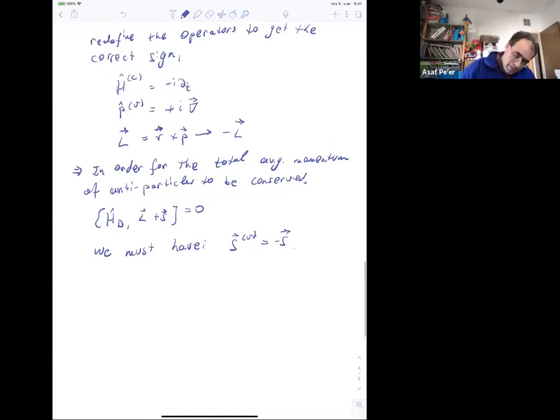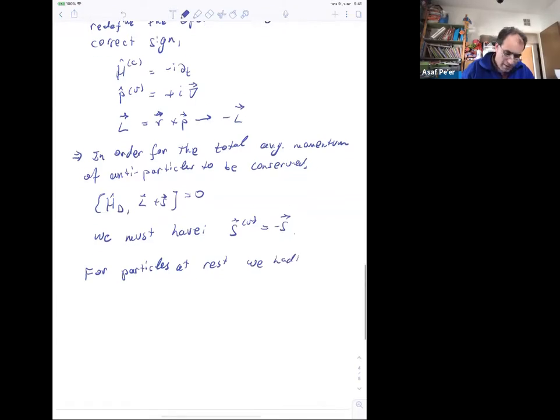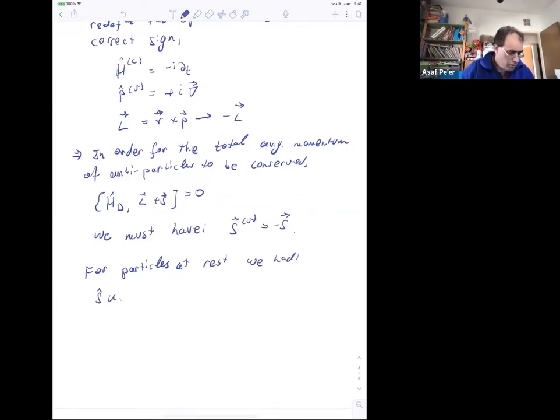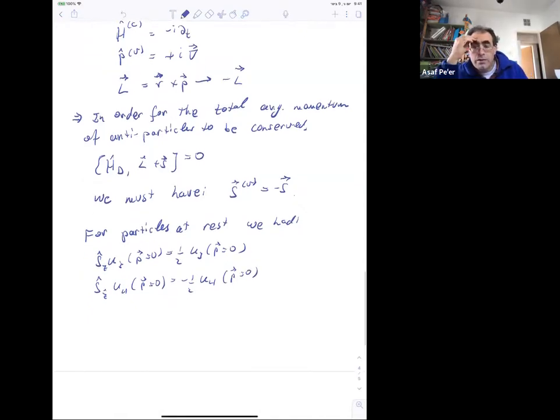So for particles at rest, we had S_z of U3 is 1/2 U3, and S_z of U4 at rest is minus 1/2 U4, right? This we did do.